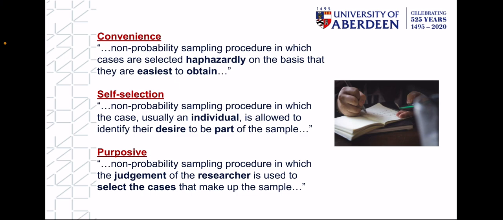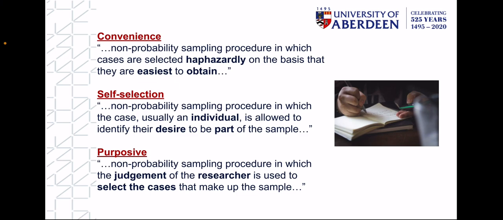The main objective of purposive sampling is to produce a sample that can be logically assumed to be representative of the population.